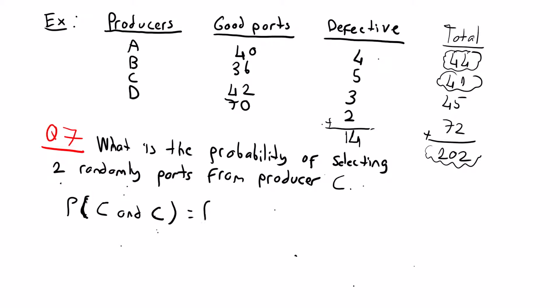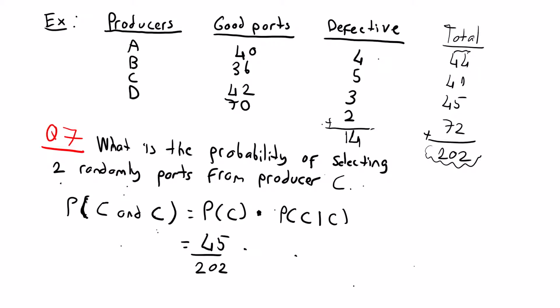Okay, so that means we're looking for PC times P to find C given C, and that number is 45 divided by 202 times, so 45 comes from producer C, times 44 divided by 1.